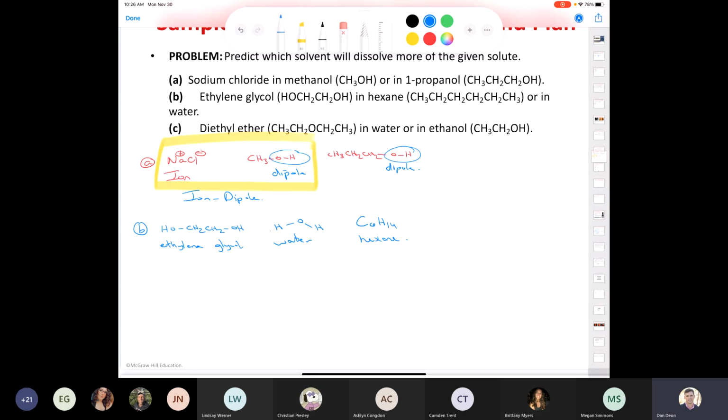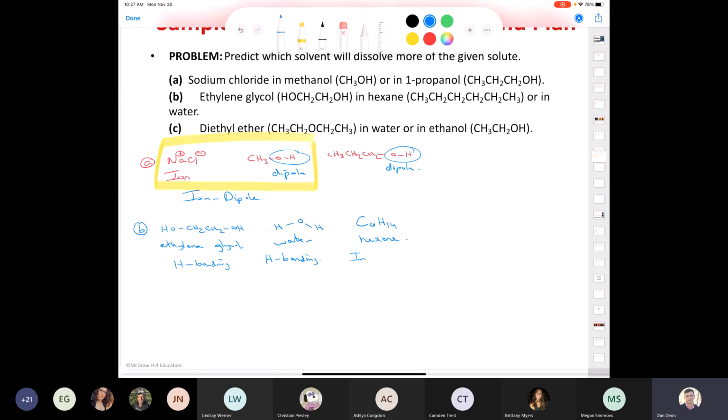What kind of forces are we going to have with our ethylene glycol that would cause it to mix with water? We're going to have hydrogen bonding with our ethylene glycol, and we're also going to have hydrogen bonding in water. In our hexane, we're only going to have induced dipole or London forces.